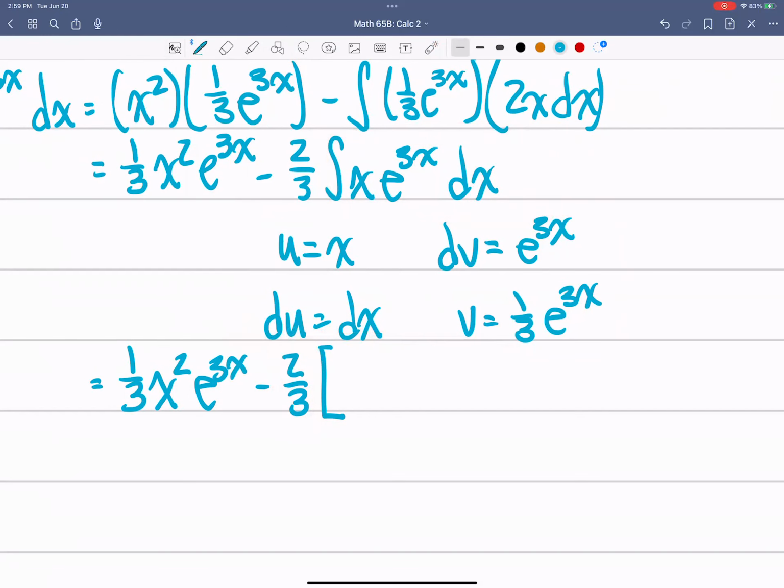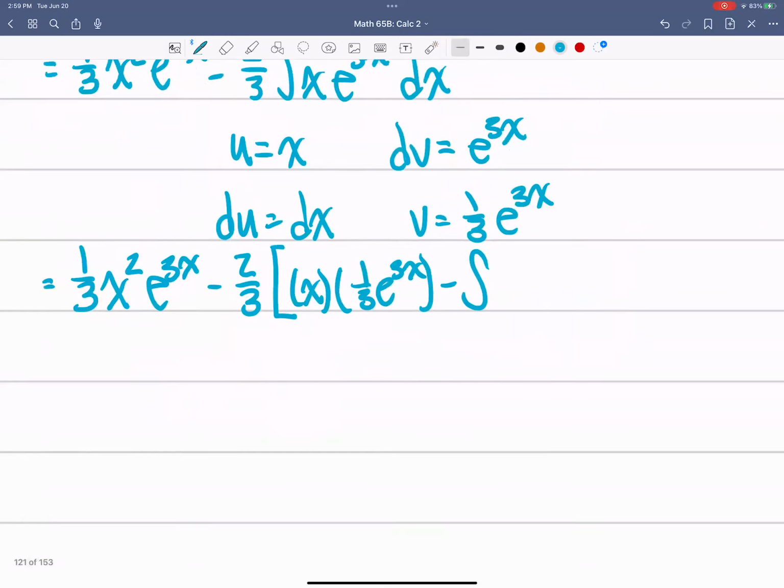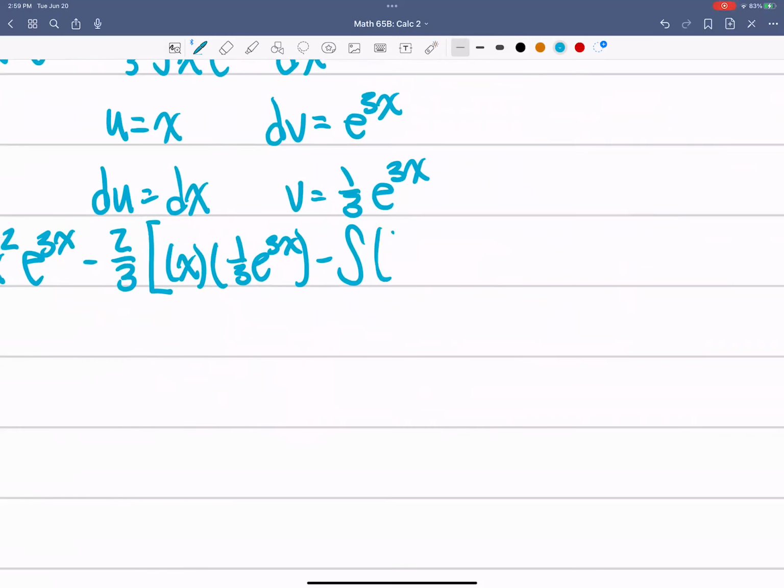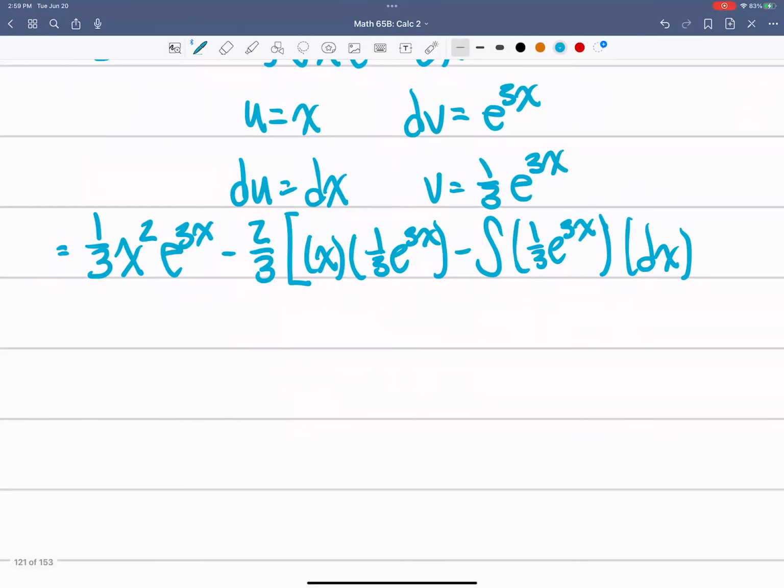So u times v, x times 1 over 3 e to the 3x, minus the integral of v du. Let's clean that up one more time.